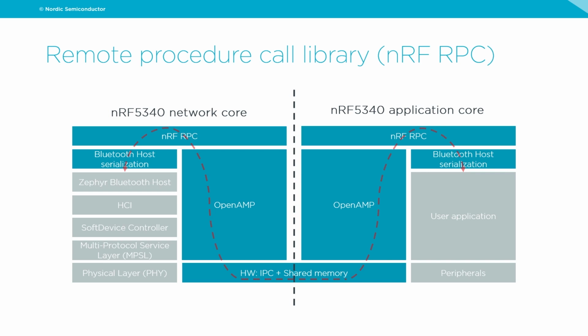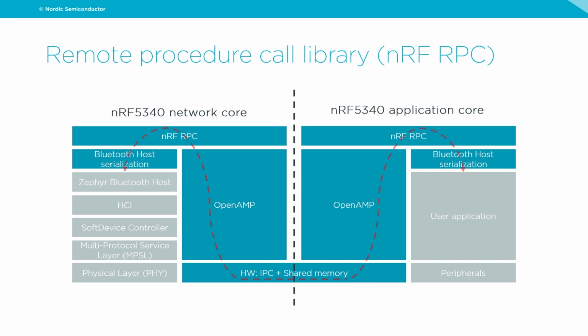You can use the solution provided in nRF Connect SDK for nRF5340 as a basis for using any nRF52 Series SoC as a Bluetooth LE network processor with the full Bluetooth host API exposed to an external MCU. To achieve that, you should replace the OpenAMP transport with a physical transport, like UART or SPI.